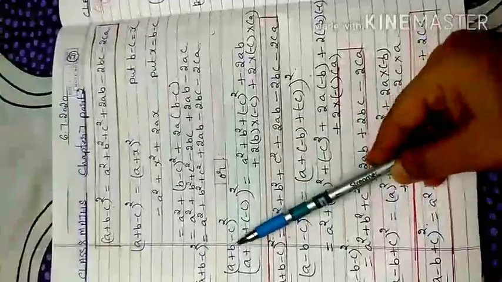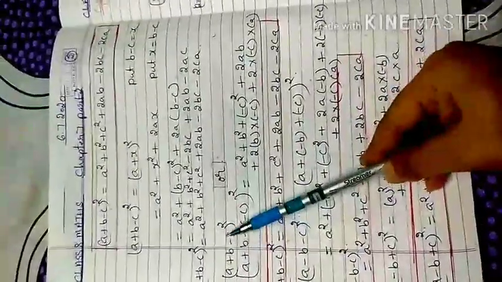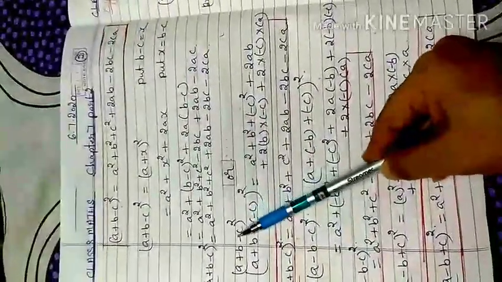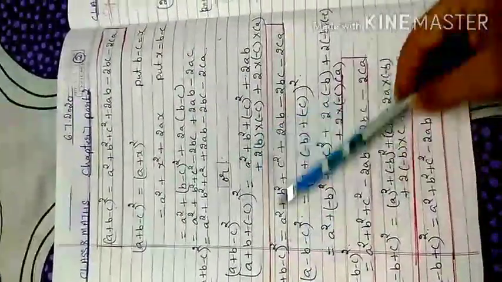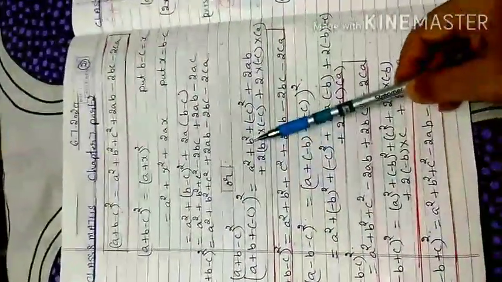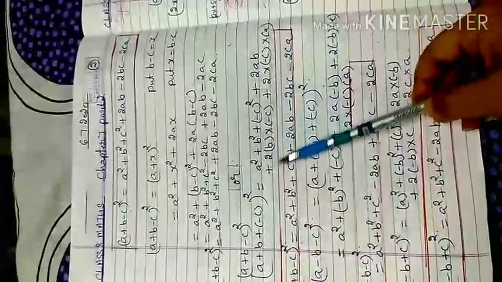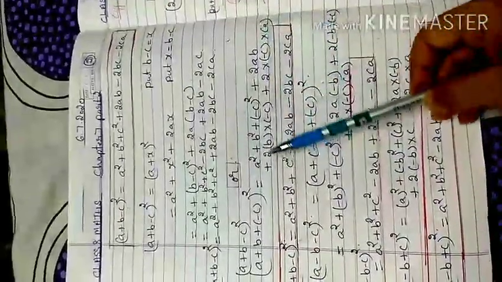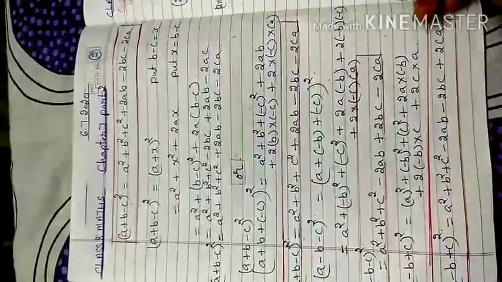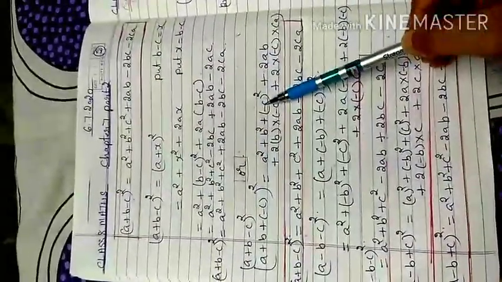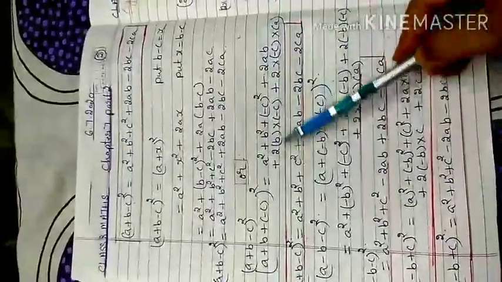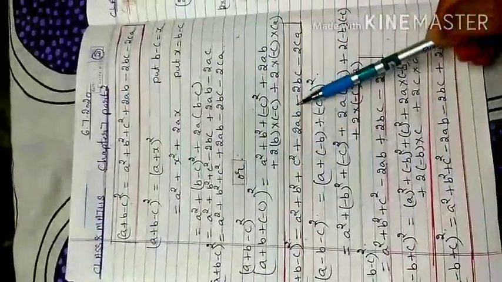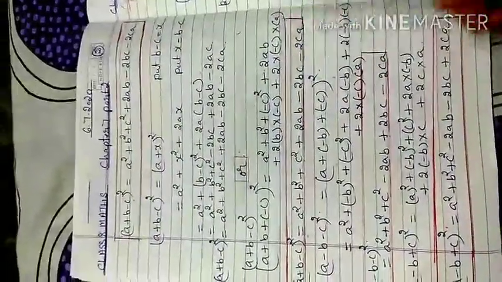Or we can do it a second way: in a plus b, I just mark positive, and c is negative, so the negative sign is considered with the term as c. If I go with our formula a square plus b square plus c square plus 2ab plus 2bc plus 2ca, in place of c I just replace minus c. So here negative signs give you positive, 2ab both terms are positive, here negative and positive give you negative, and negative and positive give you negative.